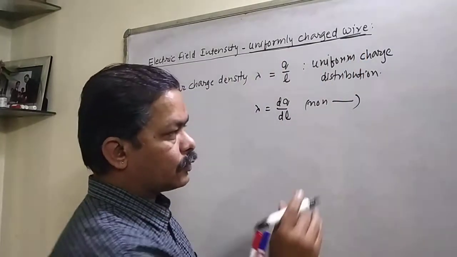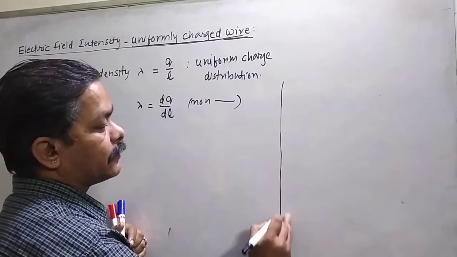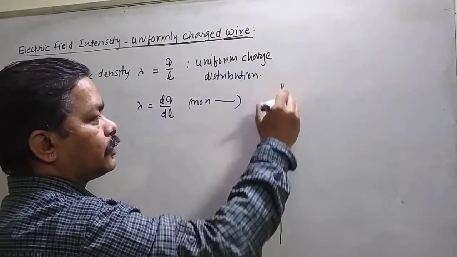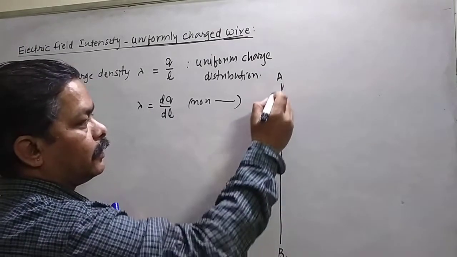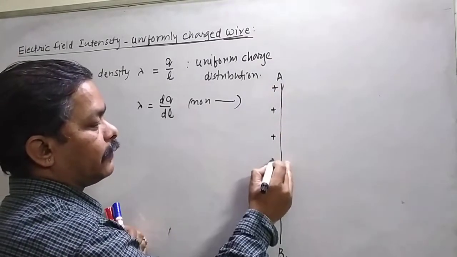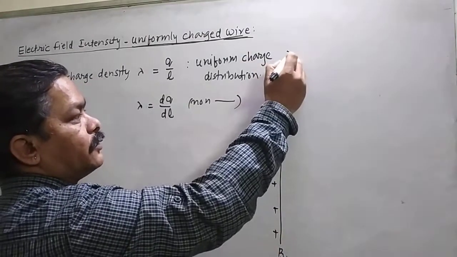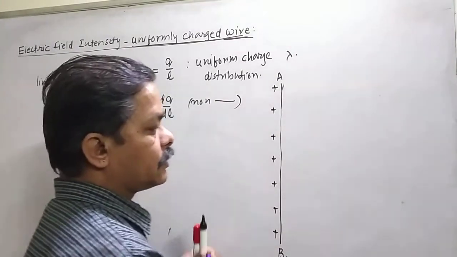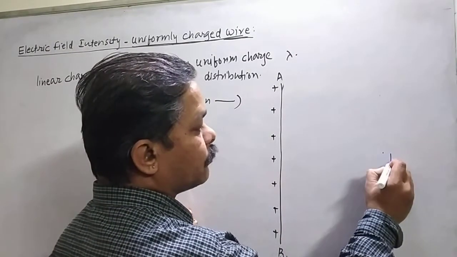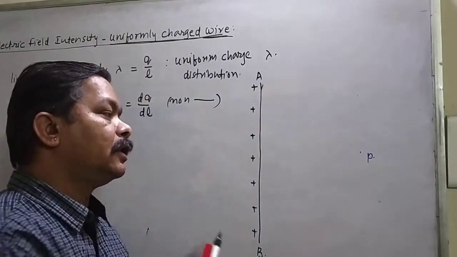Suppose you have a wire, and its ends are named A and B, and charge is given on the wire with uniform charge density lambda. Suppose there is a point P here, and at this point P we have to calculate the electric field intensity due to this wire.